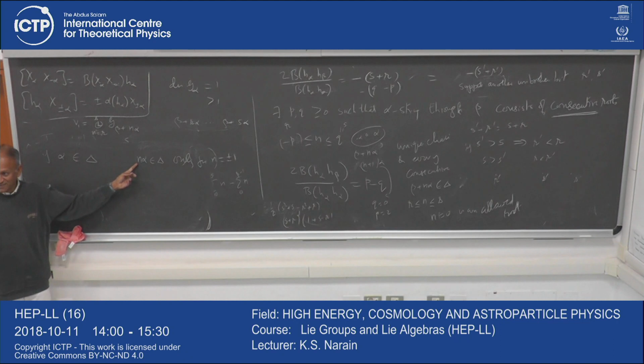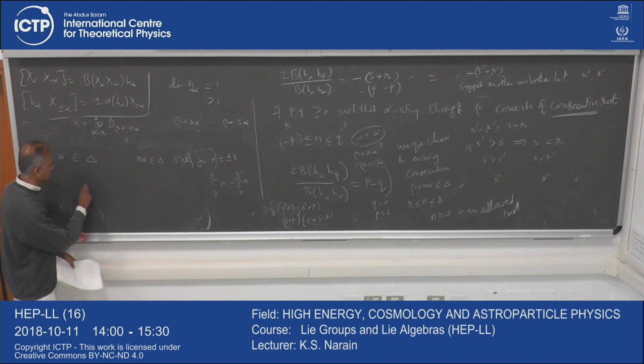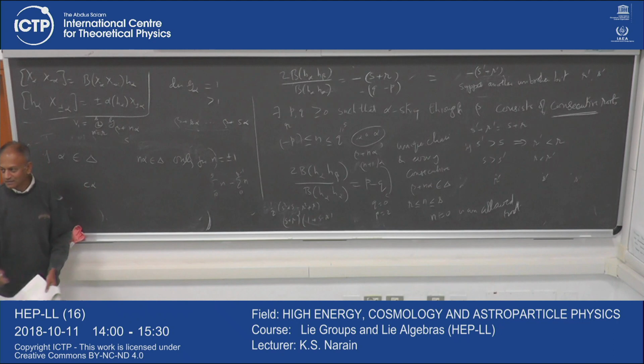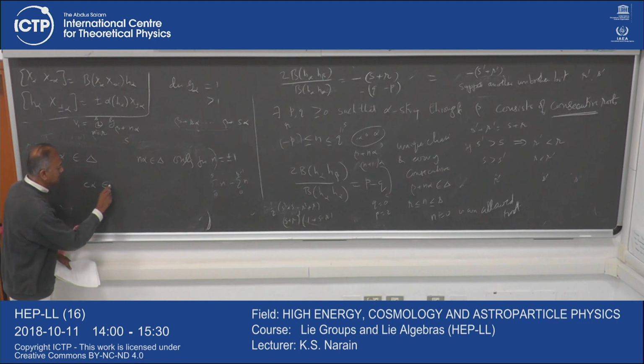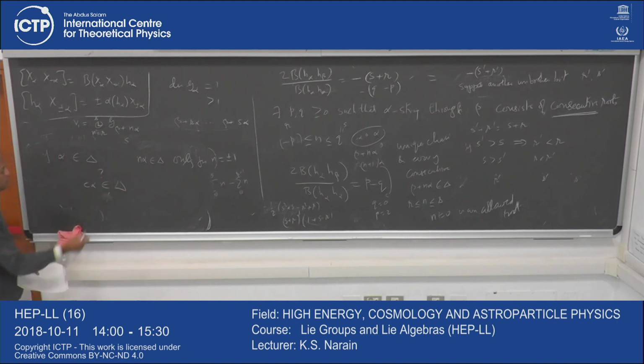But that is for integers. We have said that only for integers. How do I know that perhaps there is not some complex number times alpha? The question is, can c alpha belong to delta, where c is an arbitrary complex number?